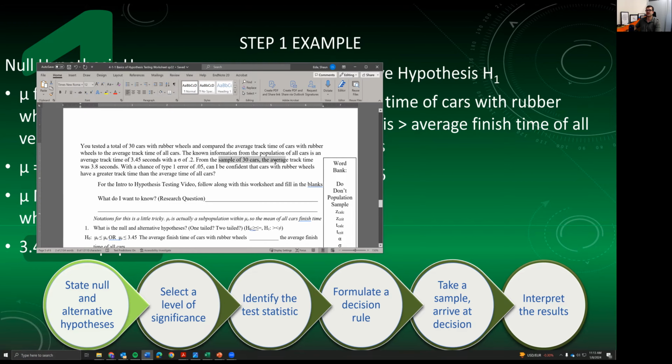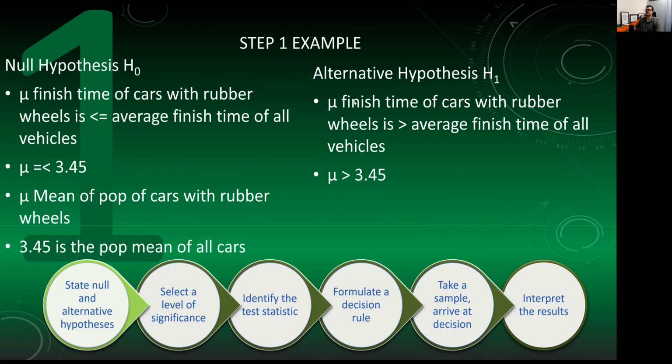From the sample of 30 cars with rubber wheels, the average track time was 3.8 seconds. And so we're going to get into that in just a minute. And so right here, we have the alternative hypothesis. The average finish time of cars with rubber wheels is greater than the average finish time of all vehicles. So average of cars with rubber wheels is greater than 3.45, which is the average of all cars.